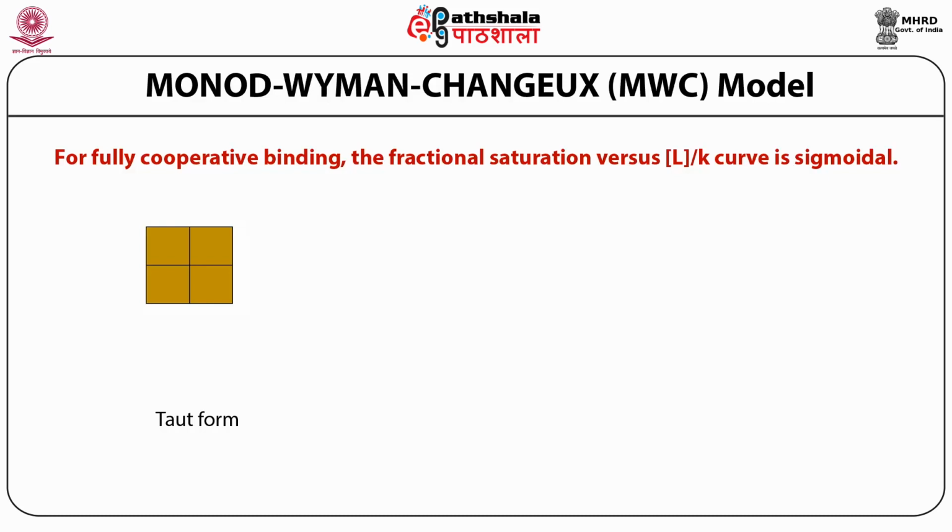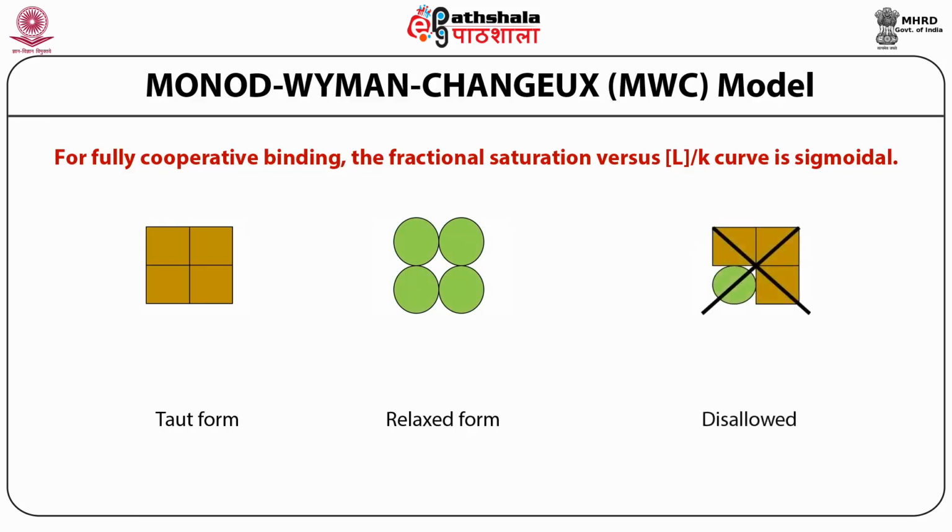The middle one is the protein when the sites are in relaxed form, so all 4 sites are in relaxed form. MWC doesn't allow for a mixed state. What that means is that 3 sites in taut form and 1 in relaxed form is not allowed. Either all 4 are in tense form or all 4 are in relaxed form.